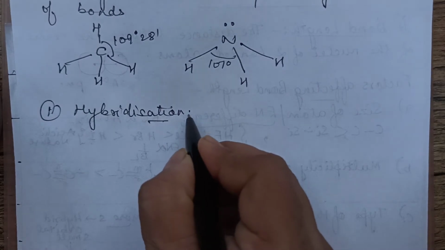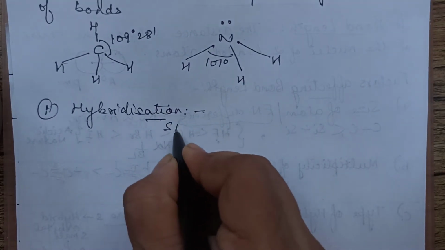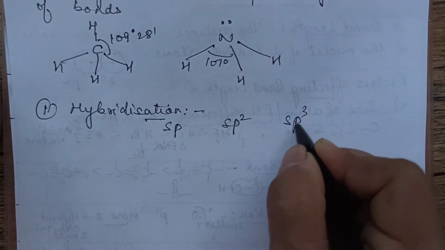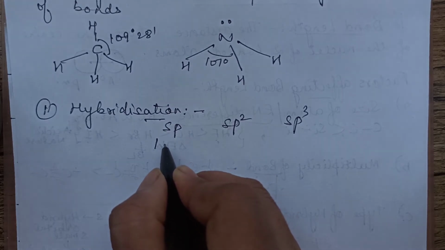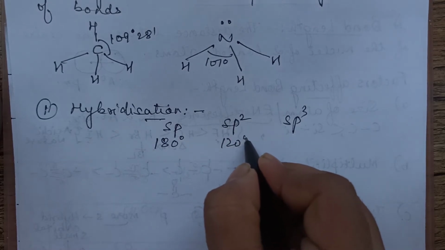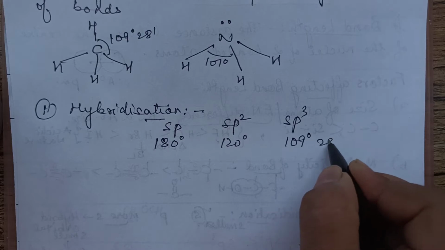That also will be fine. Mainly we talk about 3: sp, sp2 and sp3. And we know the bond angles: 2 electron pairs that we write in VSEPR theory, this is 180 degree bond angle. This is 120 degrees. This is 109 degrees 28 minutes.